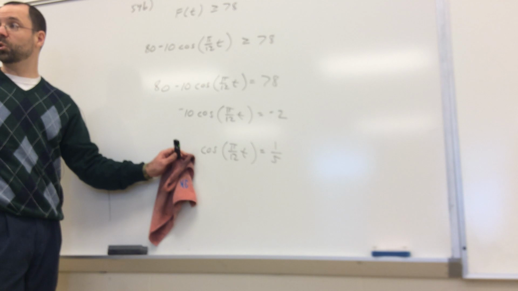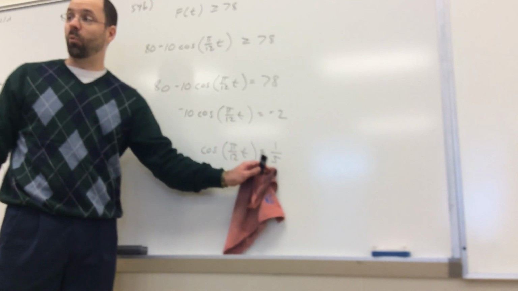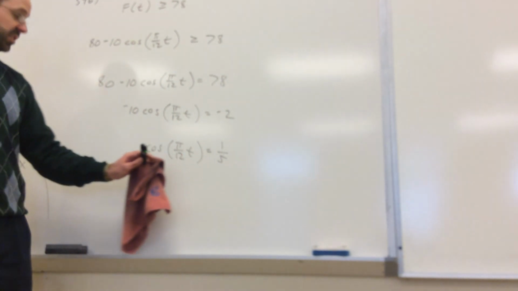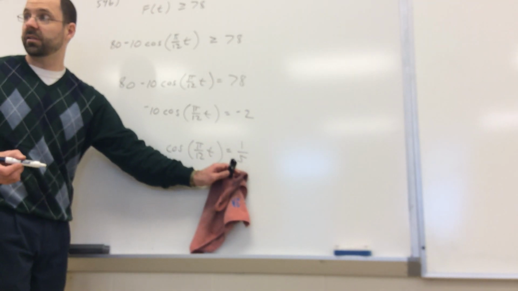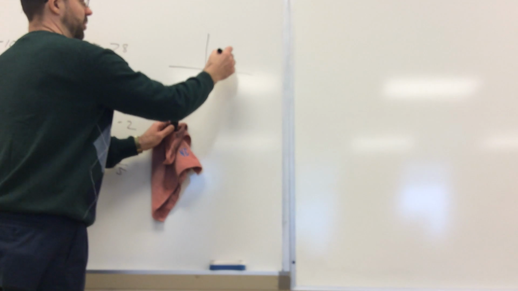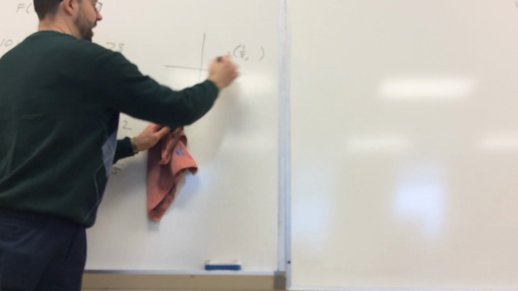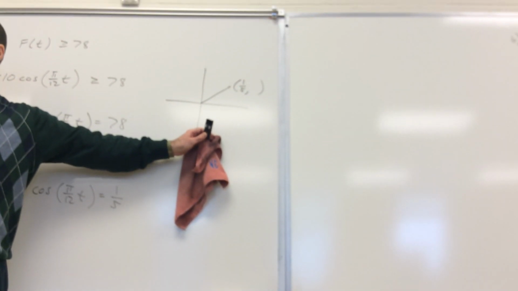Okay, so now we're looking for an angle that has a cosine of 1/5. This says the cosine of whatever angle is 1/5. So if we were on the unit circle, that would mean that the x value would need to be 1/5.